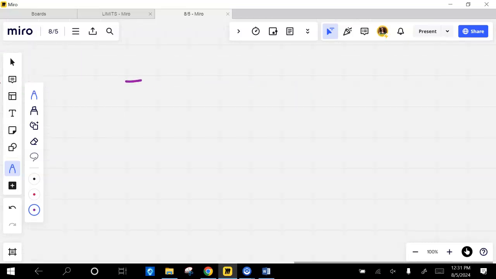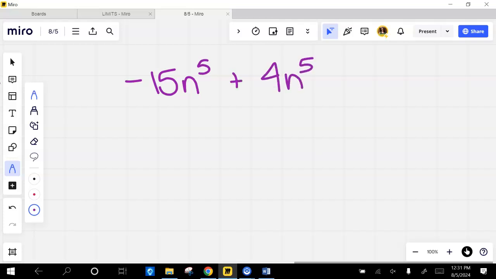Are those like terms? I've got negative 15 to the fifth, and I've got 4 to the fifth. Are those like terms? I see some people doing this, and some people going, I'm not so sure. Is the variable the same? The exponent?